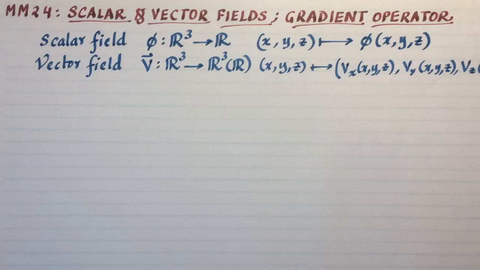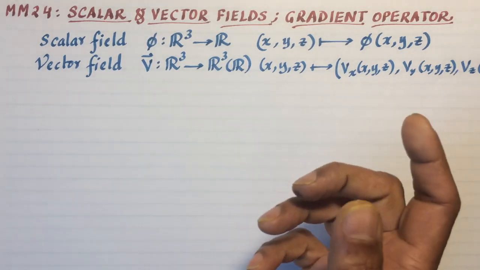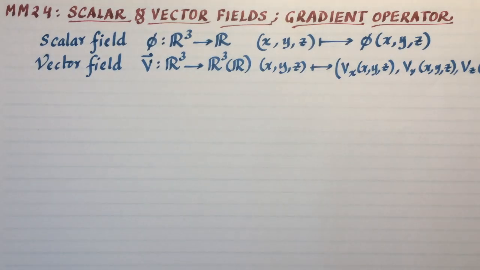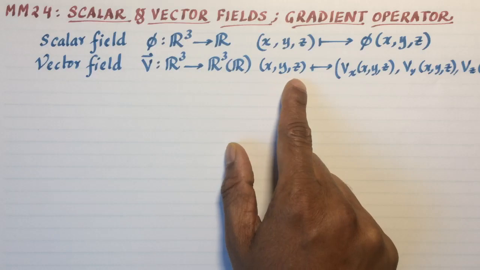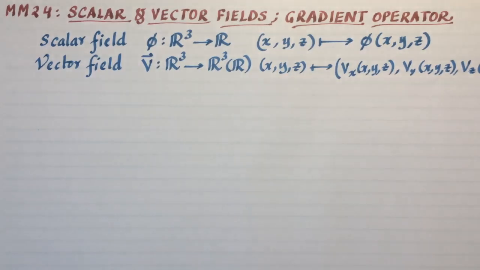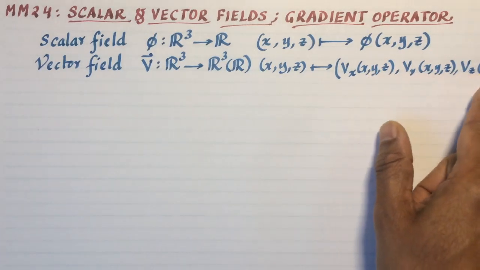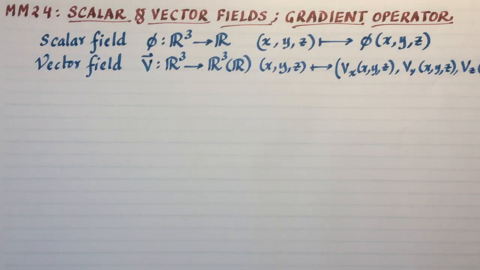For example, the wind flow at any point on the Earth's surface would be a good example of a vector field, because at every point there's a wind velocity vector pointing in some direction, and the direction keeps changing and the magnitude keeps changing as you go from point to point. So a single point XYZ has got three separate quantities associated to it, each of which depends on X, Y, and Z. So that's the concept of a vector field.